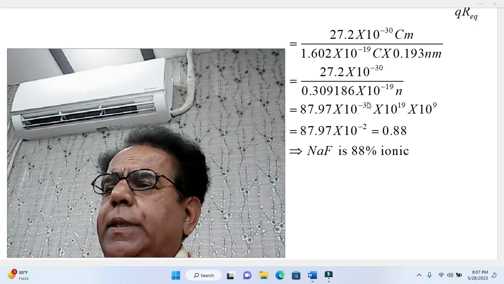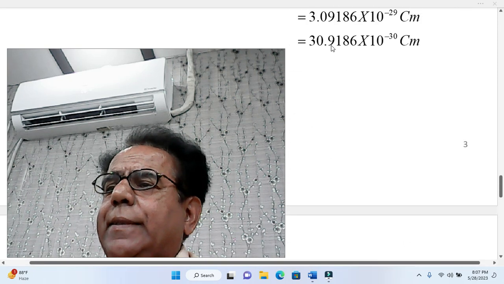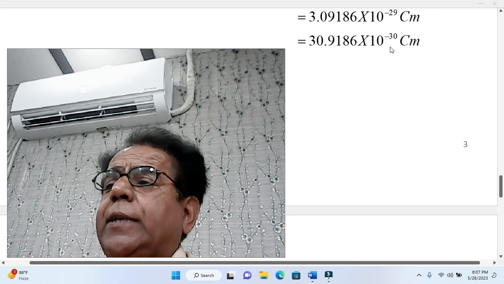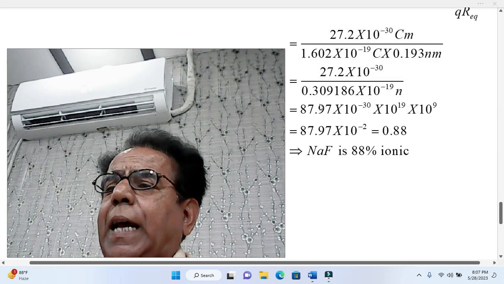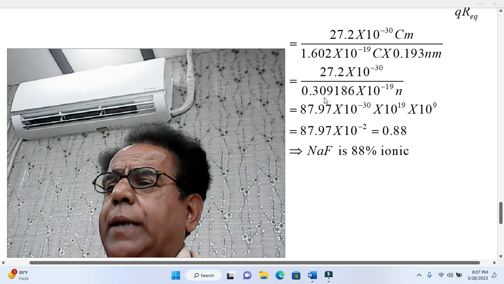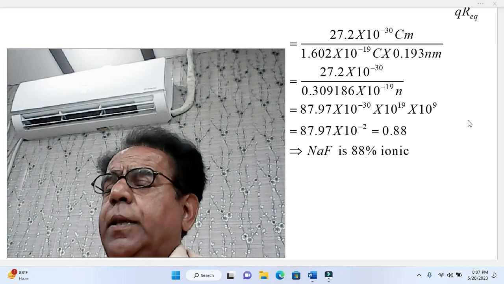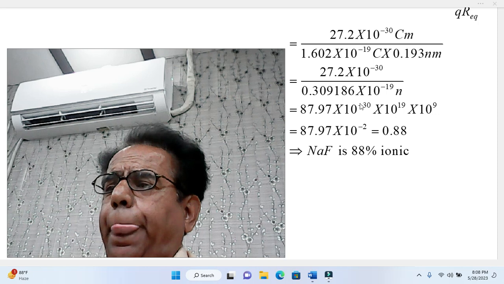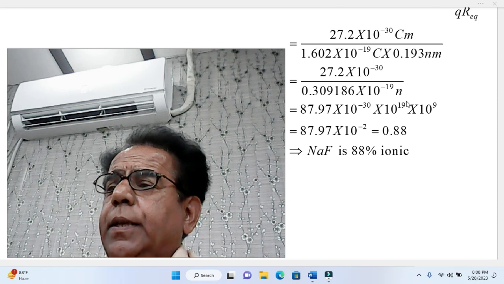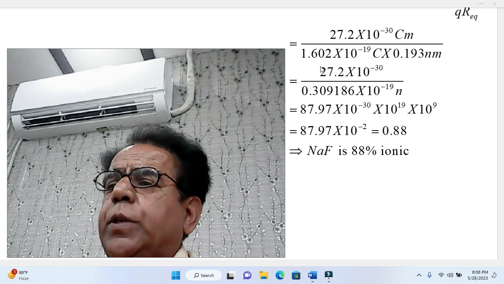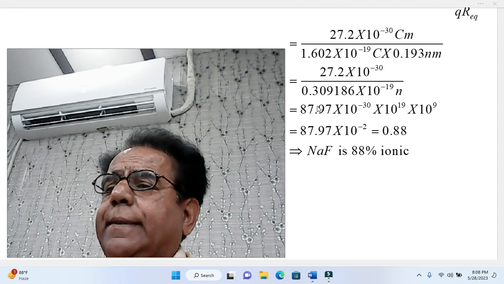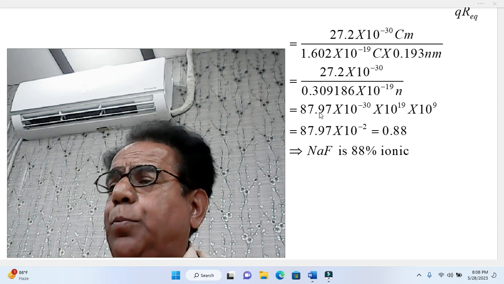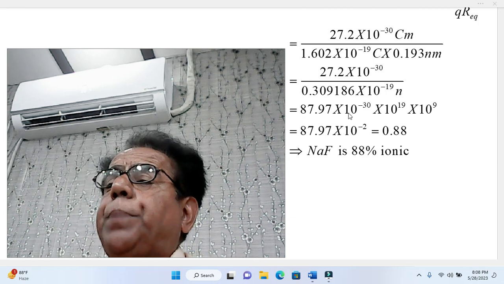Actually this was 30.9186 into 10 raised to the power minus 30, but here in place of 30 we have used 0.30. Anyhow, dear students, in the next step we have solved this, that is 27.2 divided by 0.309186, and its result has become 87.97 into 10 raised to the power minus 30.